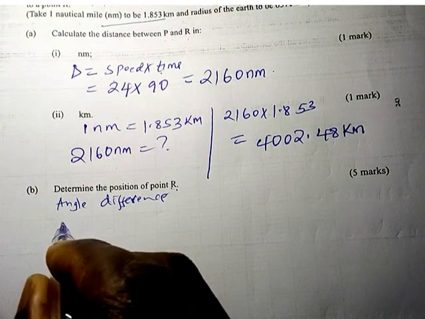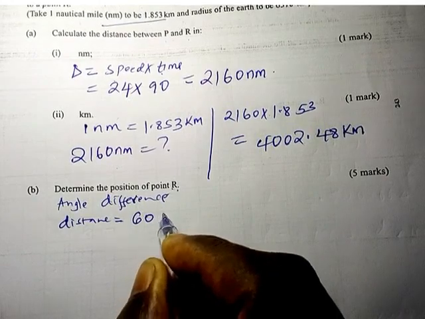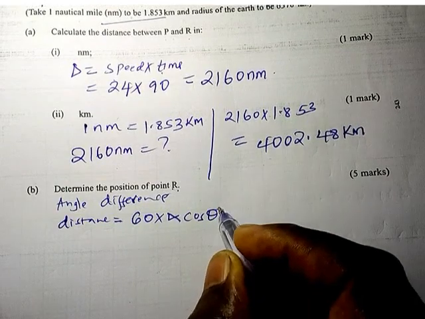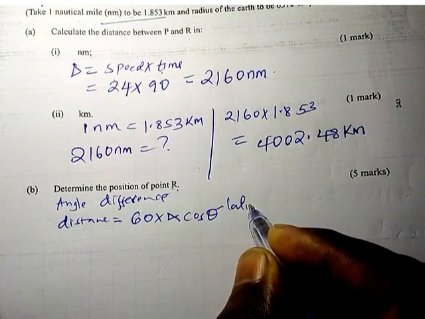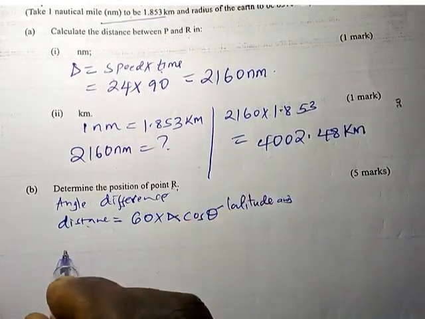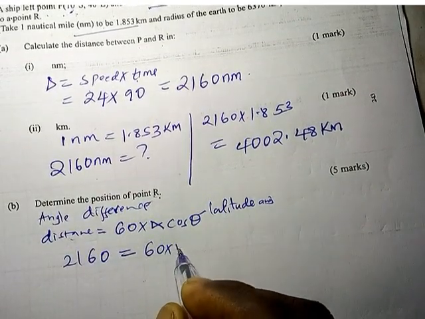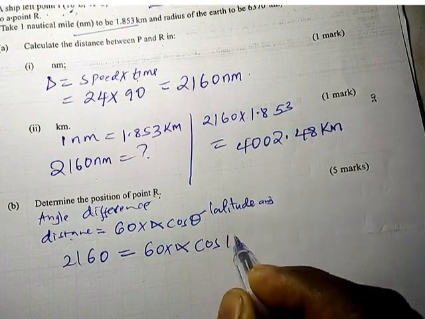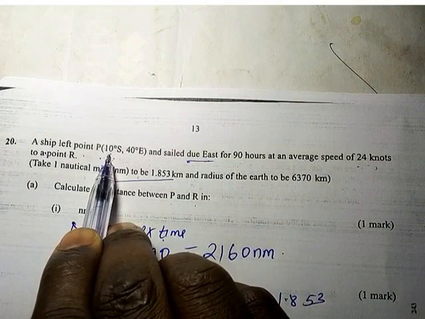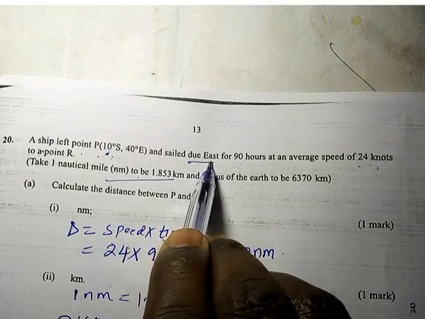The distance of a small circle is given by 60 times angle difference alpha times cos theta, where theta is the latitude. Now the distance we have in nautical miles, 2160, is equal to 60 times the angle difference times cos 10, because the latitude they are sharing is the same latitude, since it is going east.